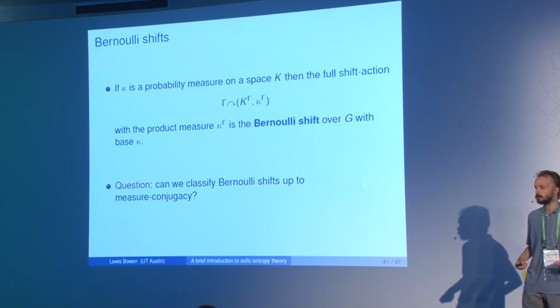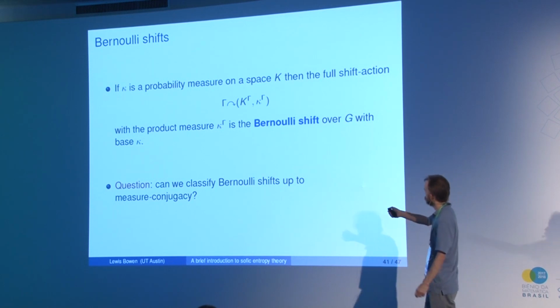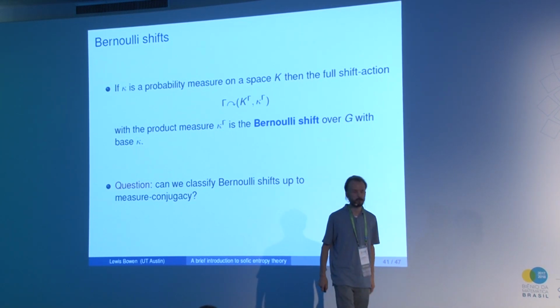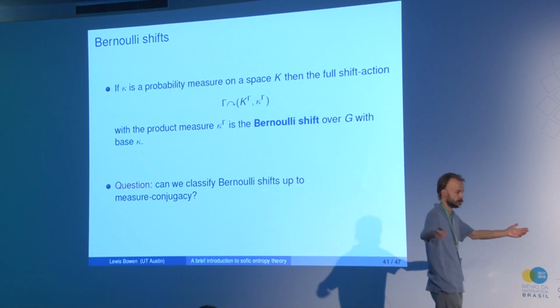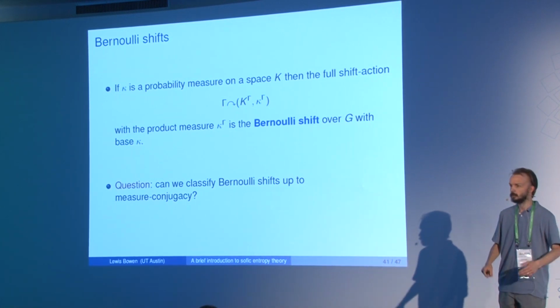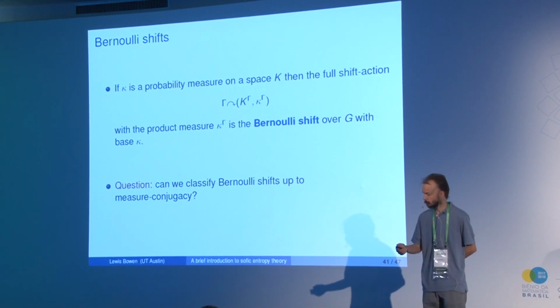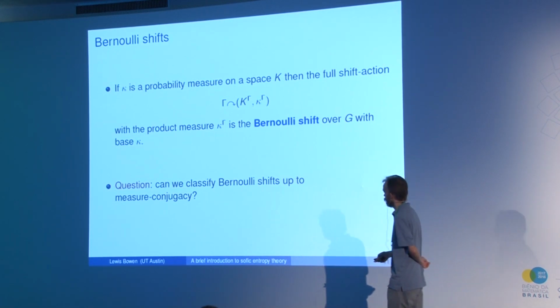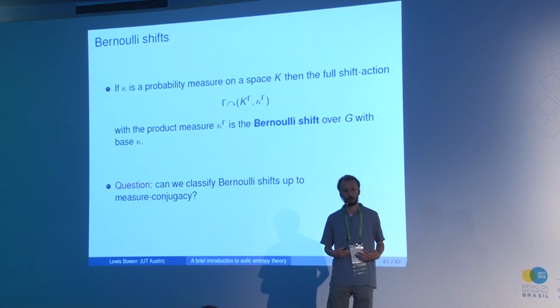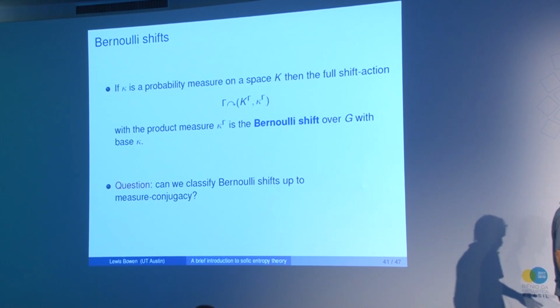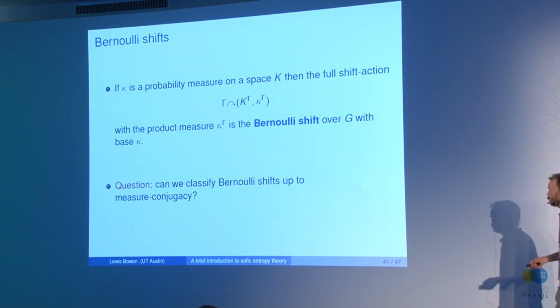You give me a group. For every k and every kappa, we have a Bernoulli shift. So that's an infinite dimensional space a priori. Can we say when two of these are measurably conjugate? It's a very basic problem that in fact inspired Kolmogorov to define entropy in dynamics back in 1958, 60 years ago.